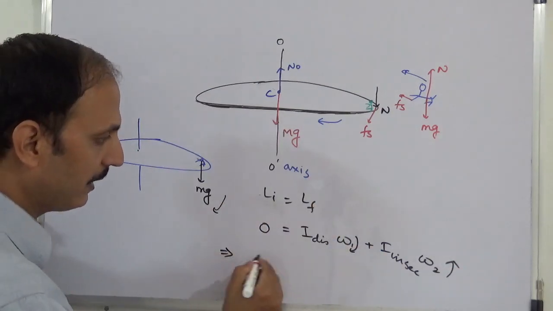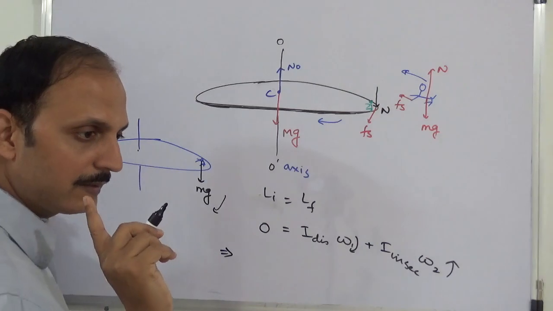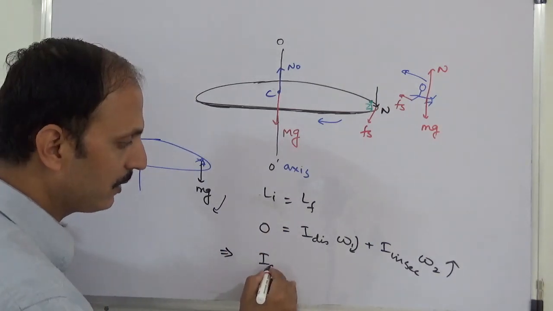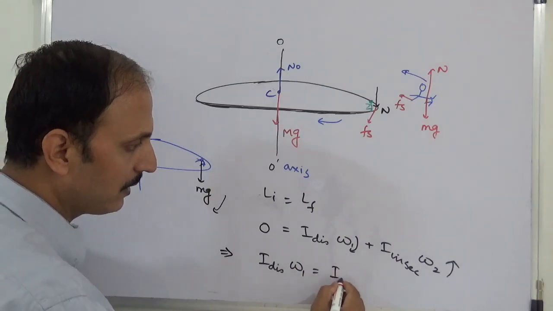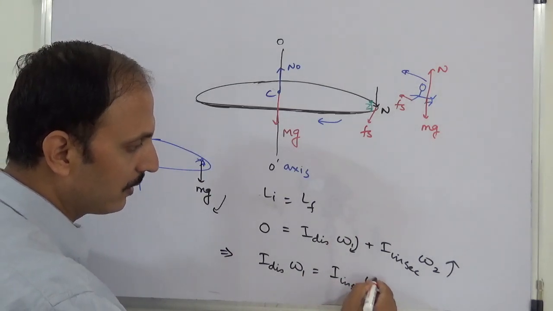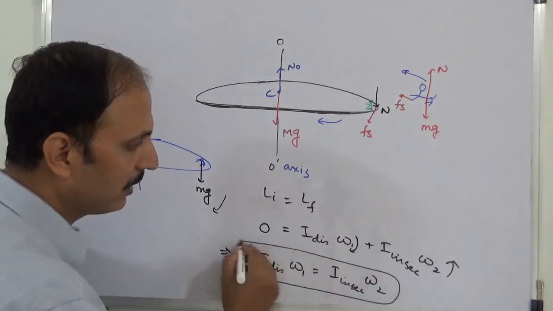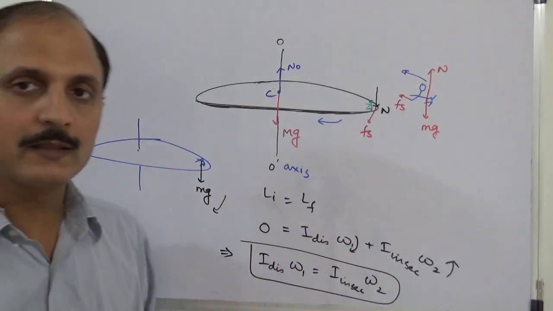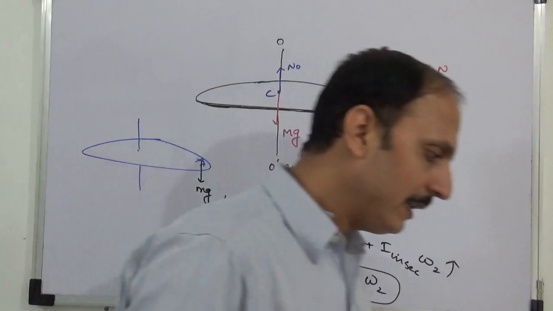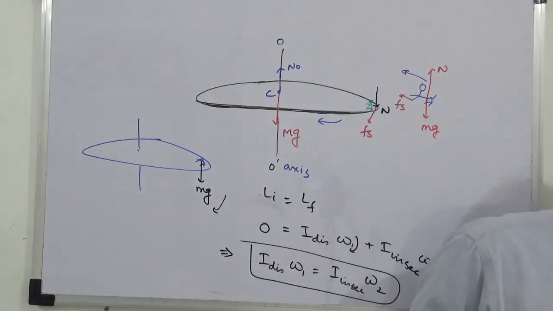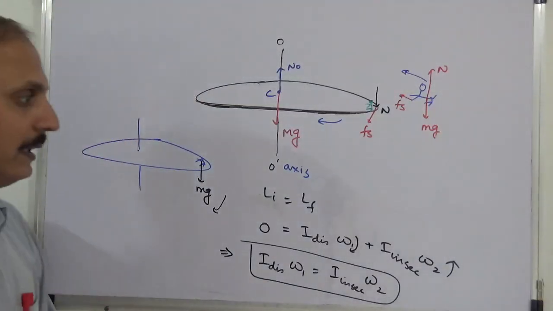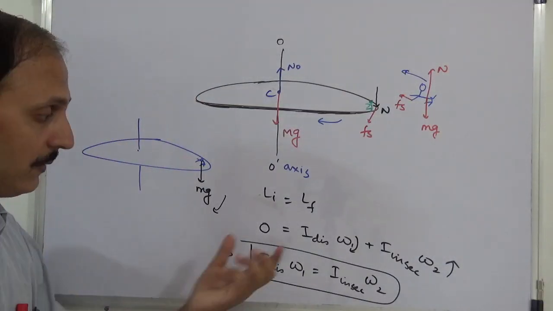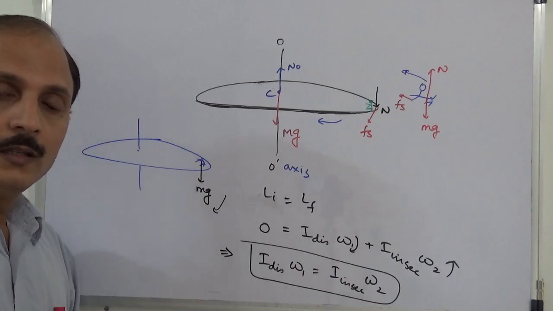So we can write, for when the insect starts moving, the moment of inertia of the disk into its omega 1 equal to the moment of inertia of the insect into its omega 2. Since they are in opposite directions, there will be a minus sign like this. So when there is a two-body rotatory system, we can follow this approach.